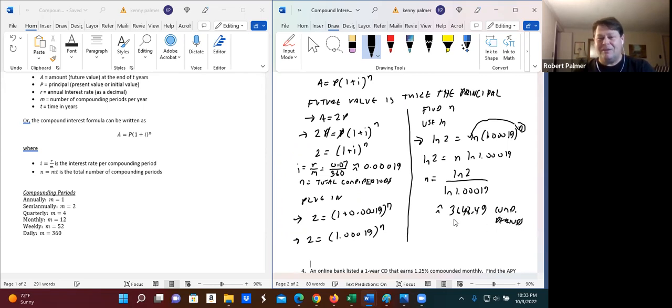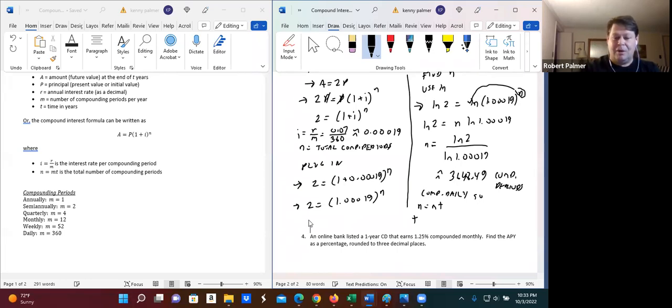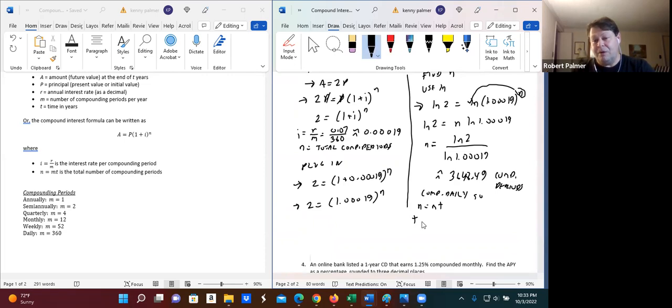Now, that's not that meaningful. Remember, we're compounded daily. So remember, n was equal to m times t. And so t, if we divide both sides by m, is n over m.